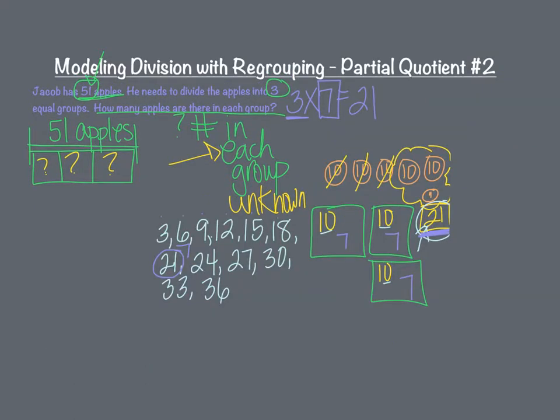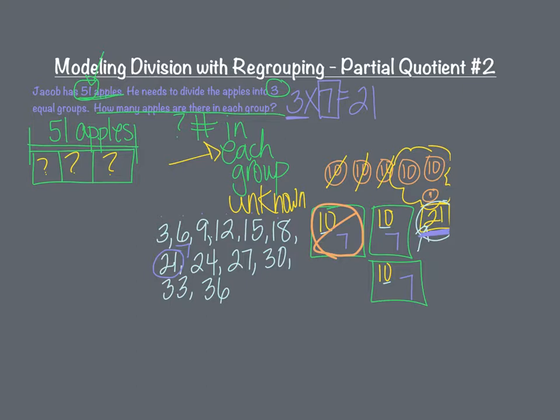So students, how many apples, I should say, are in each group? That's right. There are 17 apples in each group because we have 10 and 7. What is 10 plus 7? Good, 17.